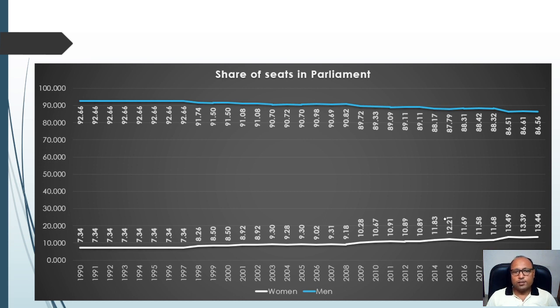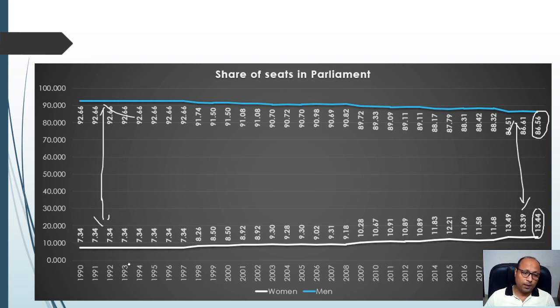If you look at the seats in the parliament, what percentage share women had in the parliament compared to their male counterparts, the overall trend shows convergence. So the gap has been reducing, but still, if you look at the data for 2021, 86% of the seats in the parliament are held by males, whereas female representation is still 13.44%.